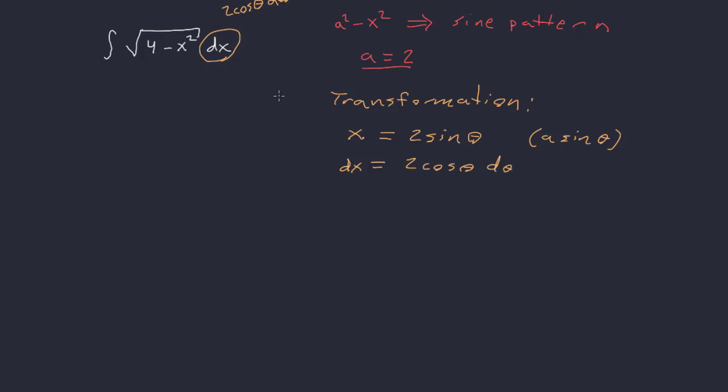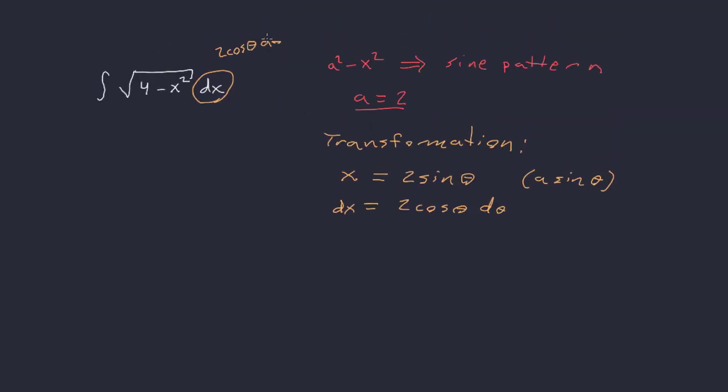Whoops, I'm off the board there. So this dx will become a 2 cosine theta d theta, and this x squared, well, I'm going to put in the 2 sine theta squared. And when we simplify that, it becomes 4 sine squared theta.